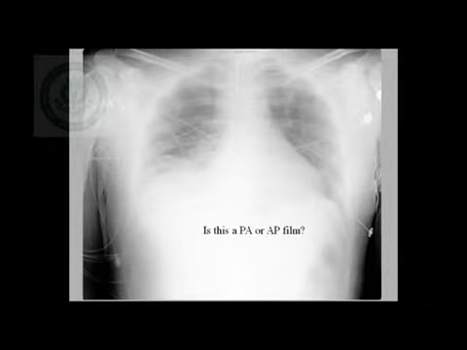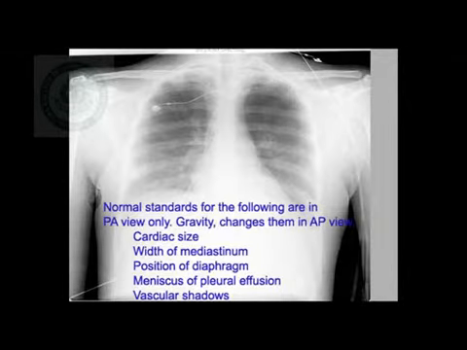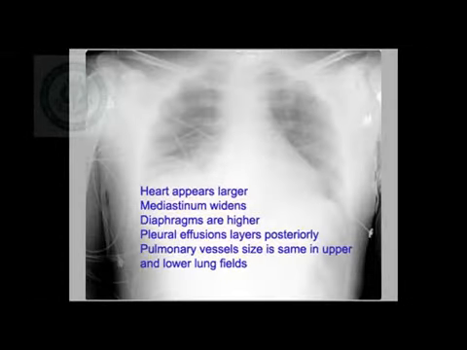It also depends upon whether it is taken in PA or AP projection, and the width of the mediastinum. The mediastinum appears widened in an AP view, and you also look at the position of the diaphragm. In a normally taken PA view, the position of the diaphragm is at the level of the 10th rib, whereas in an AP projection the diaphragm appears much more elevated.